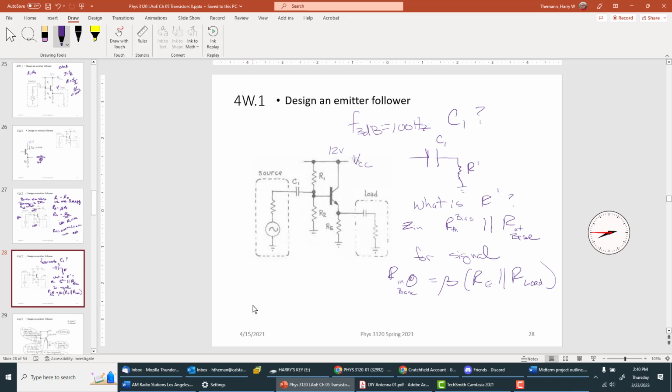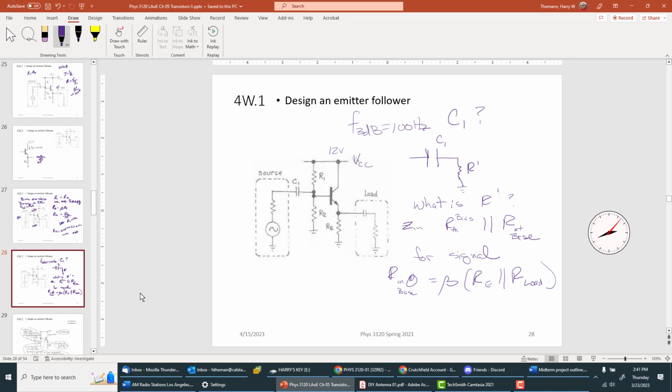But now, because it's signal, we can no longer ignore the loading resistor. And did we say exactly? Yeah, it's a 4.7K.